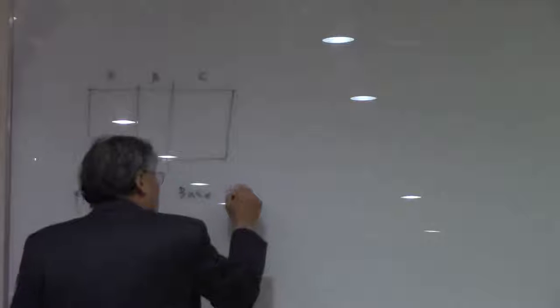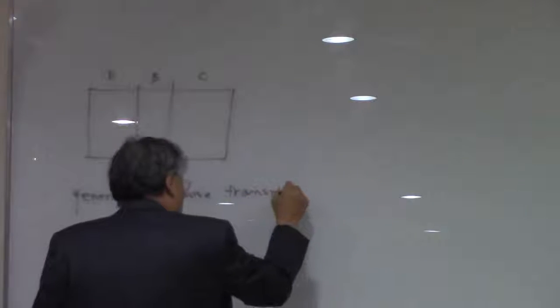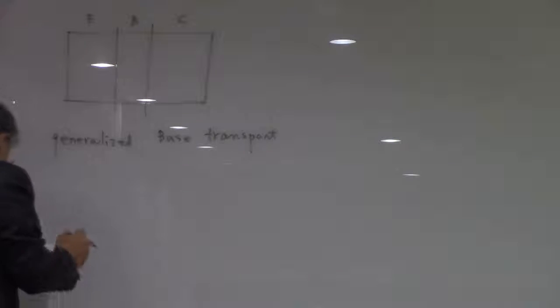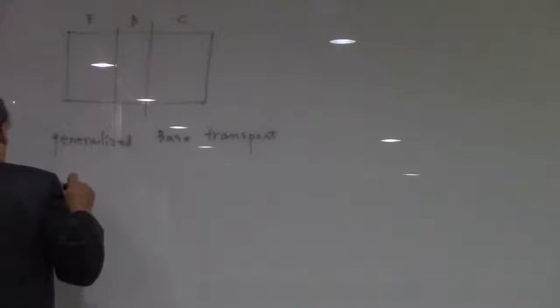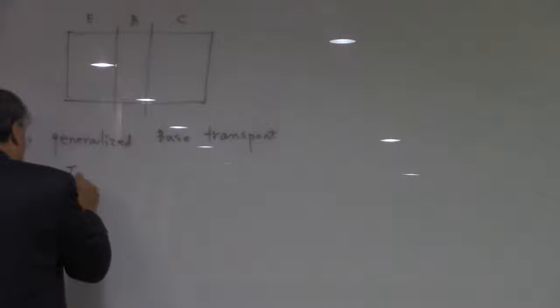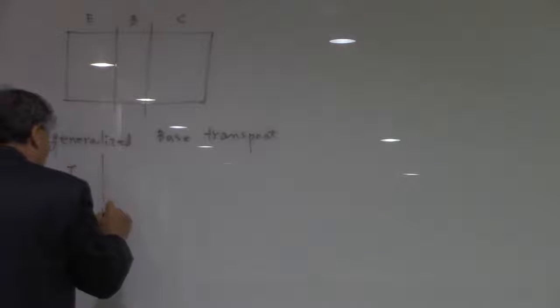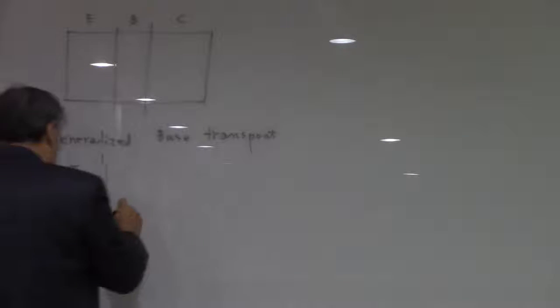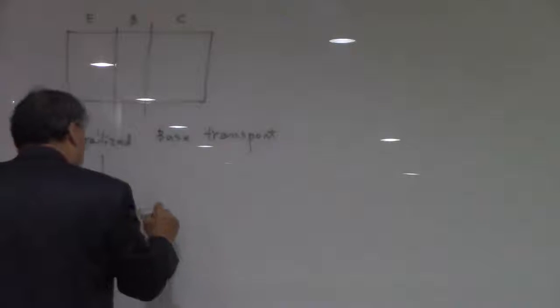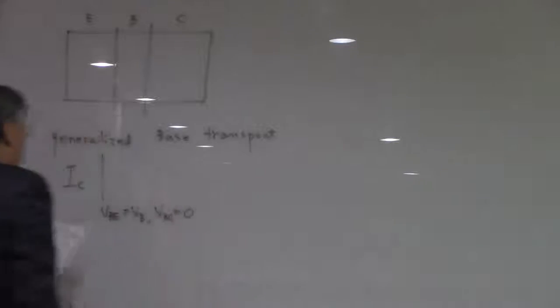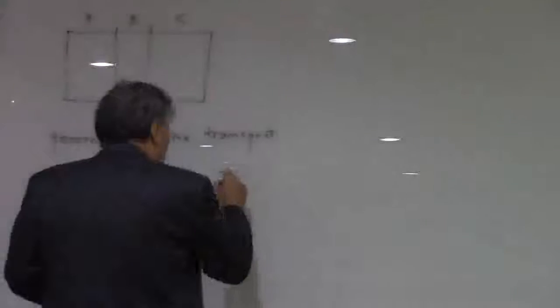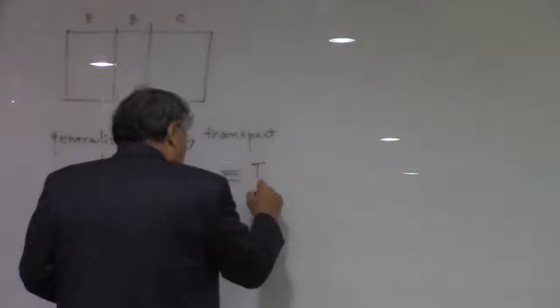And for generalized base transport, what we have done is that the collector current should be equal to the emitter current.